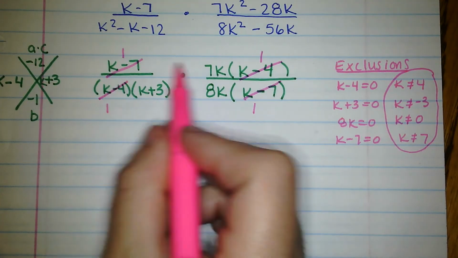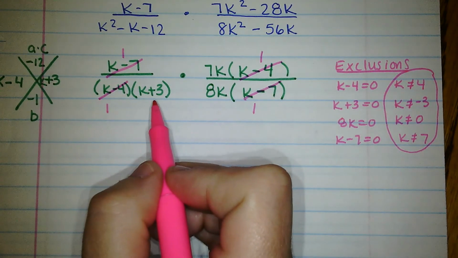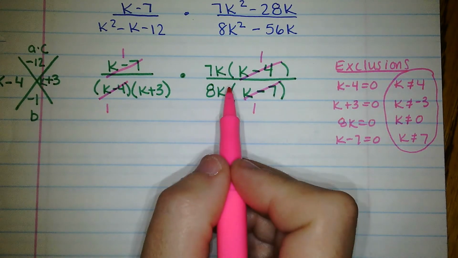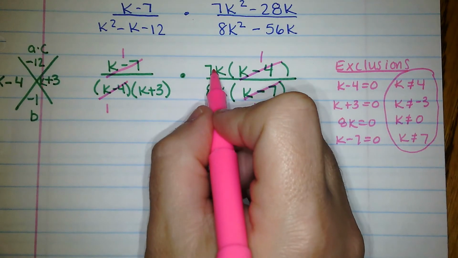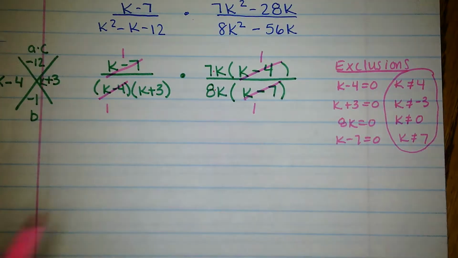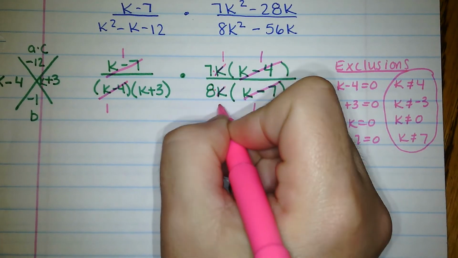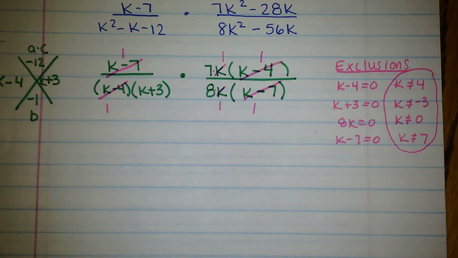There's no k plus 3 on the top anywhere, so that stays put. I do have a single term with a k and a single term with a k. These are really small multipliers, which means that this k and this k can reduce as well, which means that we are done reducing.